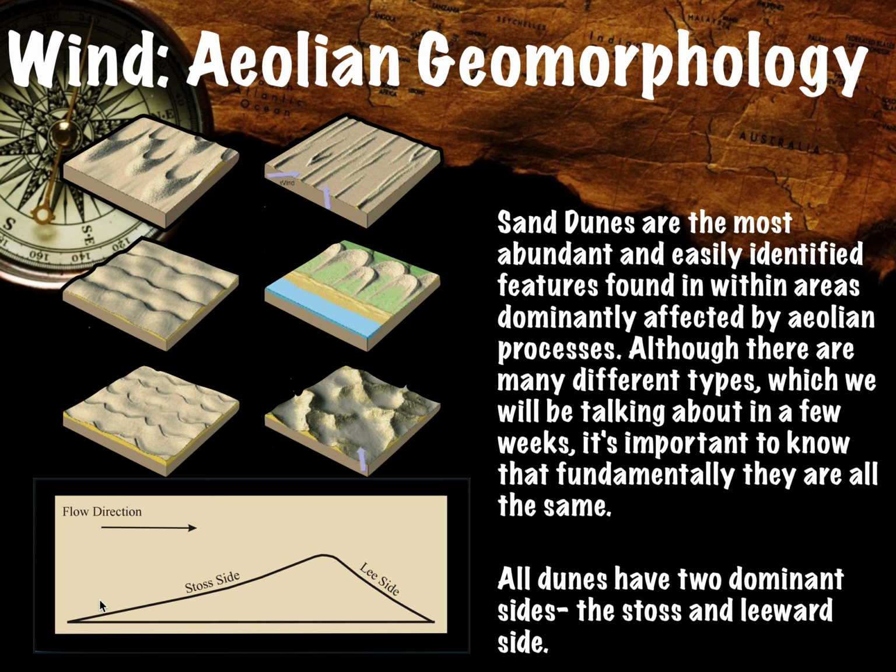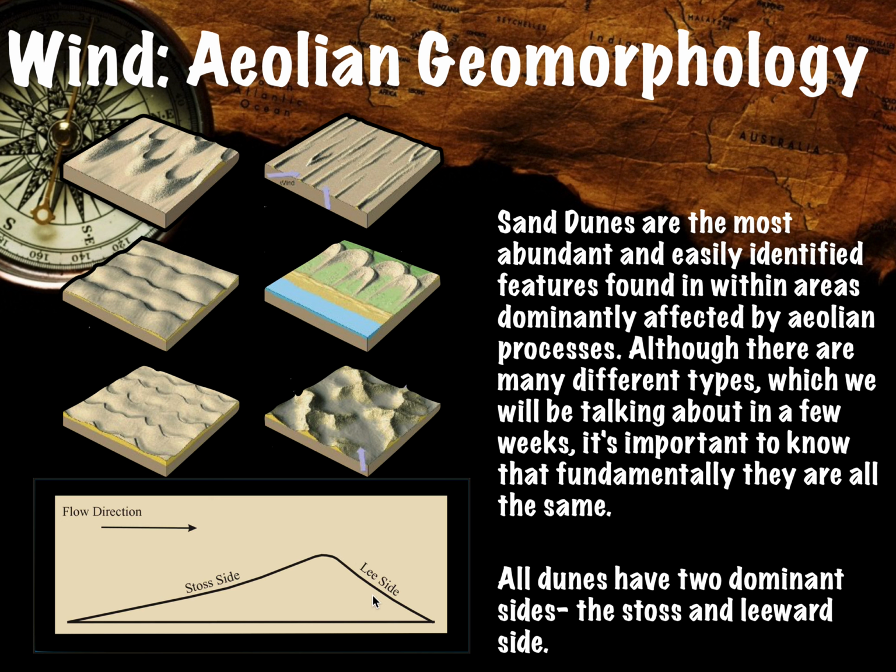The Stoss side is the side that is hit by the flow of wind. So the wind hits this side, moves the material up, up, up until it finally falls down on this side. The lee side is sheltered, so you're not receiving any wind right here. The material comes up to the brink of this crest and then it drops down its side.